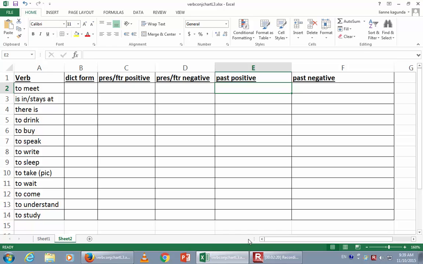Wakarimasen. Wakarimashita. And wakarimasen deshita. Everybody understand why that is? Yep, it's an u verb, so it changes from ru to ri. Right? Wakaru, wakarimasu.